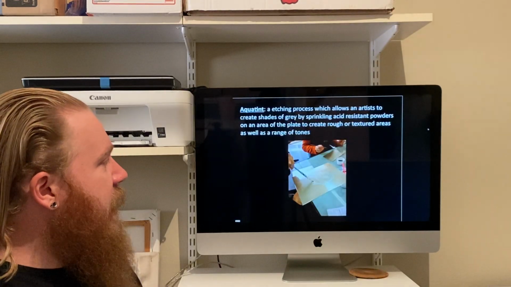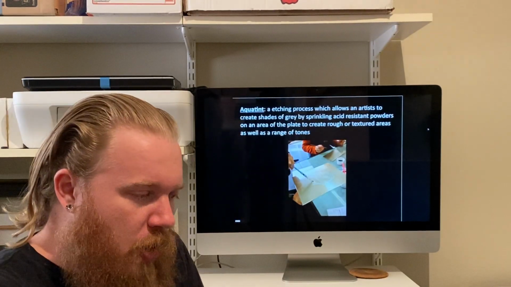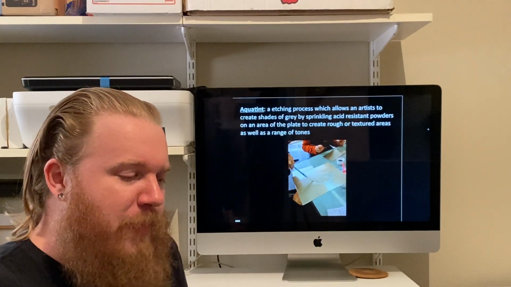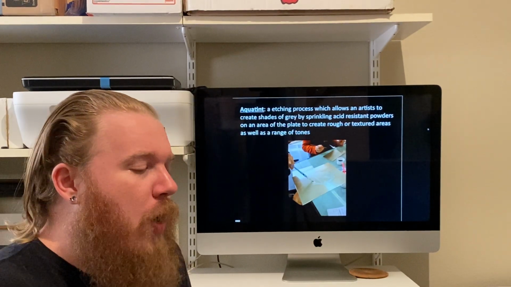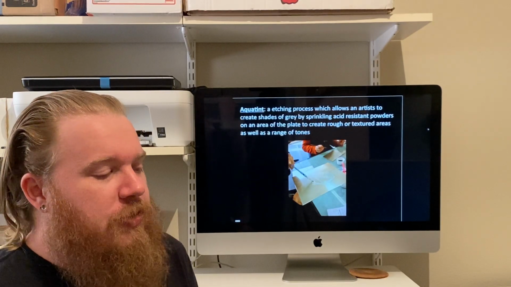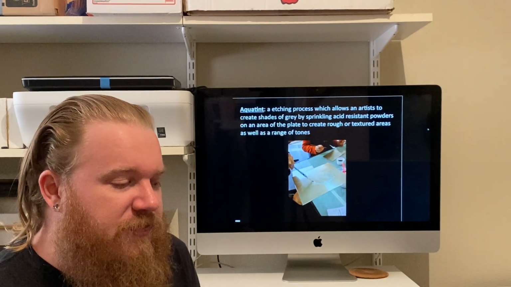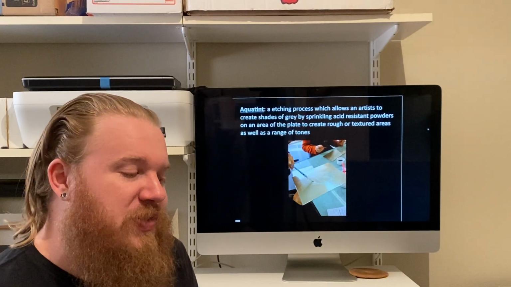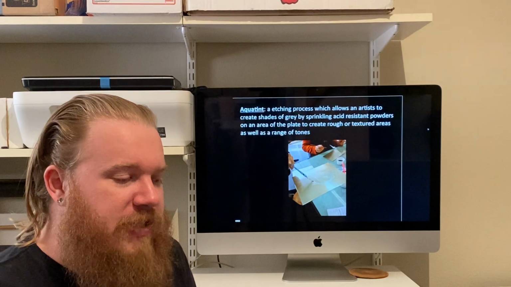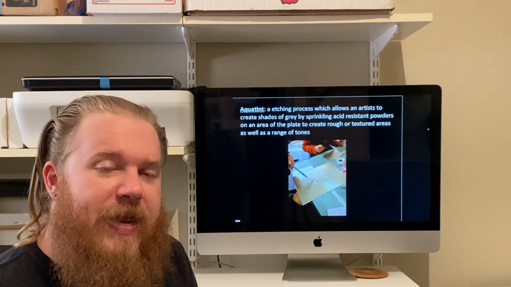Now, aside from etching, we also have a process called aquatint, which is technically an etching technique, but also falls under intaglio. Aquatint refers to an etching process which allows an artist to create shades of gray by sprinkling acid-resistant powders onto an area of the plate to create rough or textured areas, as well as a range of tones.